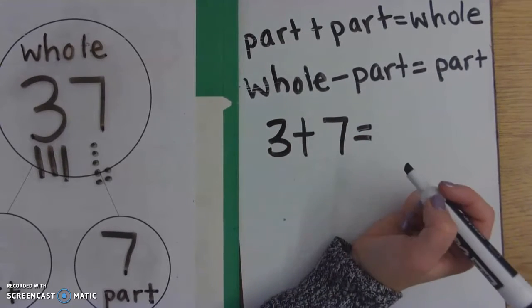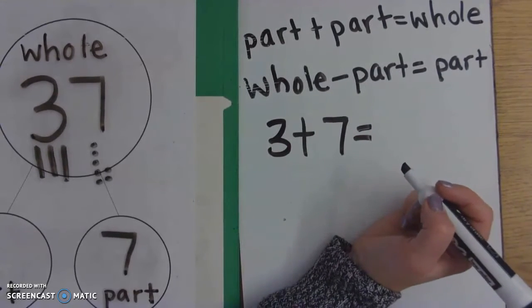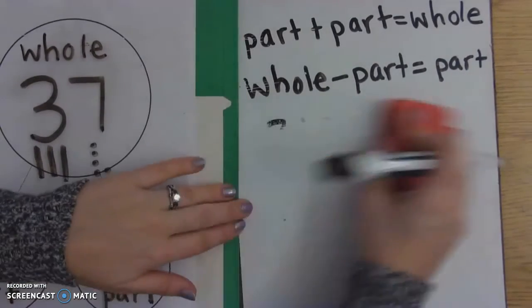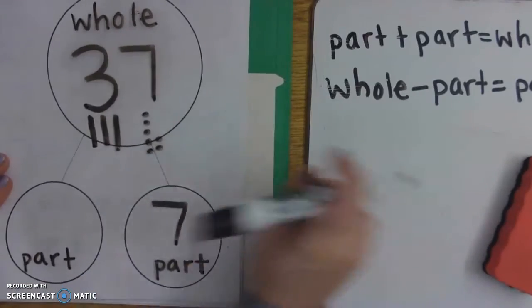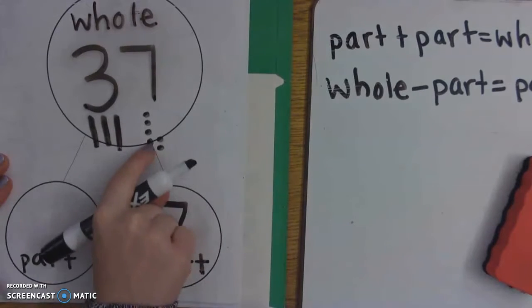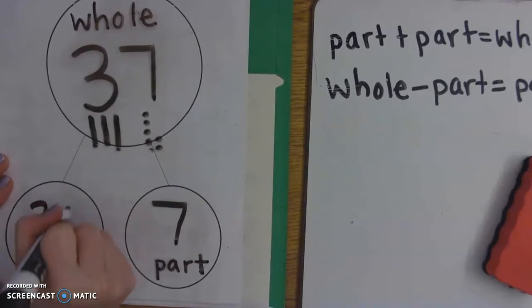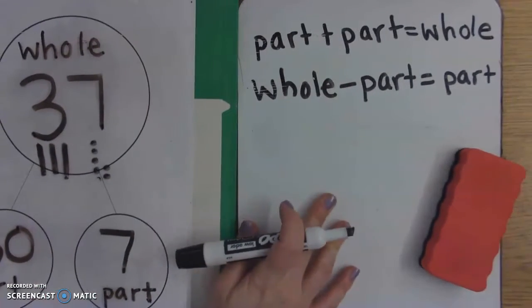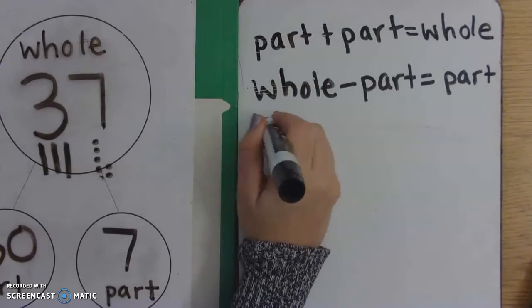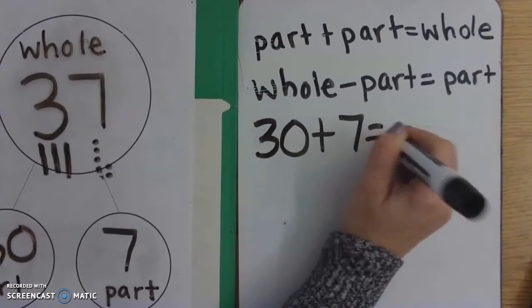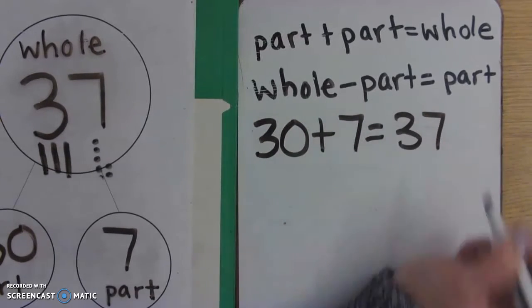Wait a second, that does not equal 37. My math brain knows that 3 plus 7 equals 10. All right, so this is where we have to be careful because we know it's 3 groups of 10. So it's really 10, 20, 30. And now when we look at that, that tells us that 30 plus 7 equals 37.